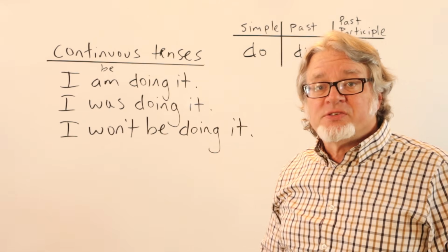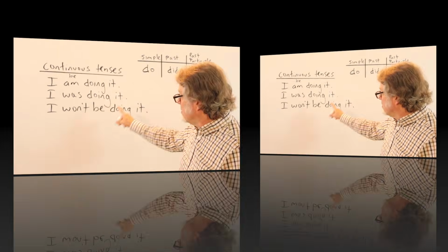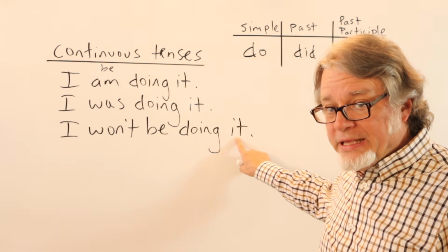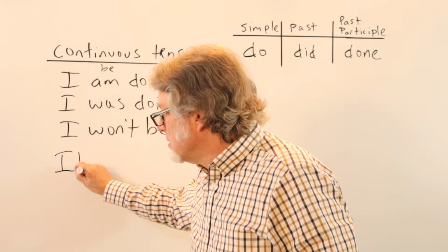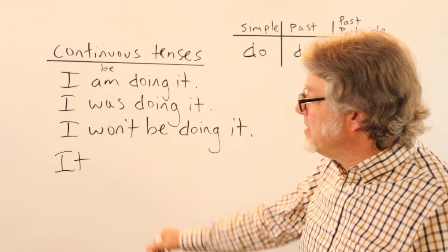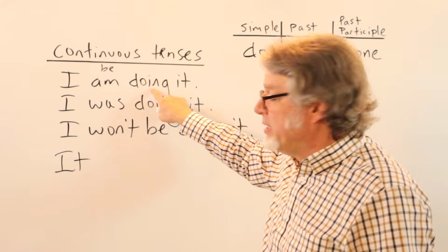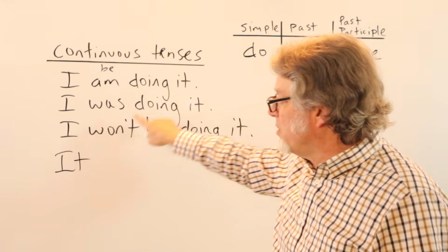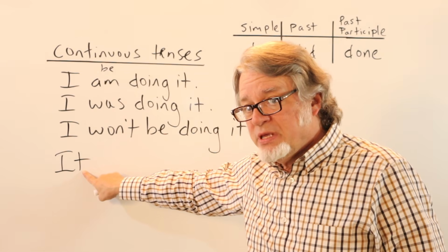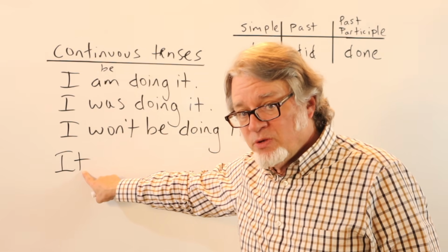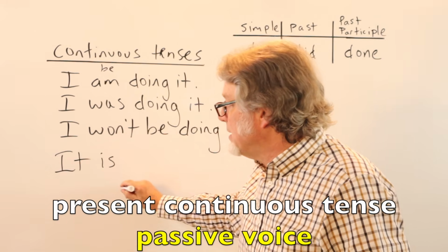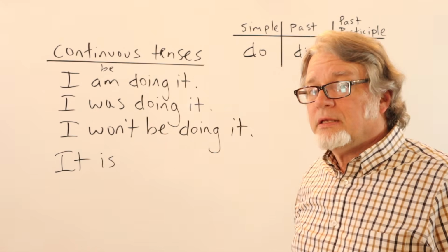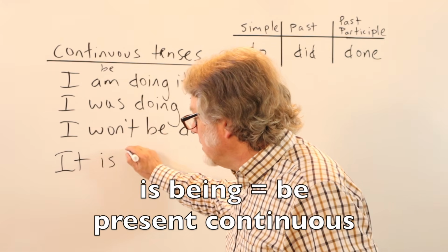Let's change these to the passive voice. The word it and the object becomes the subject. So in the present continuous tense, I am doing it. This will go here, but it has to be in the present continuous tense. It is being.